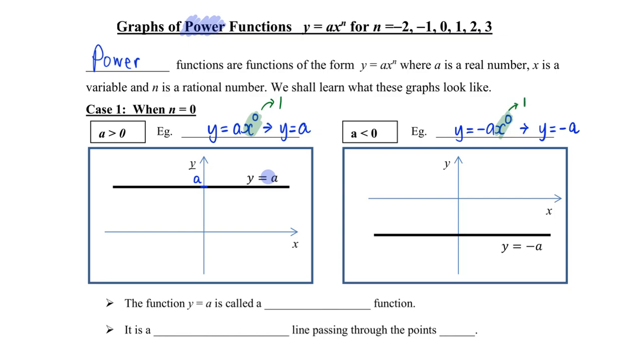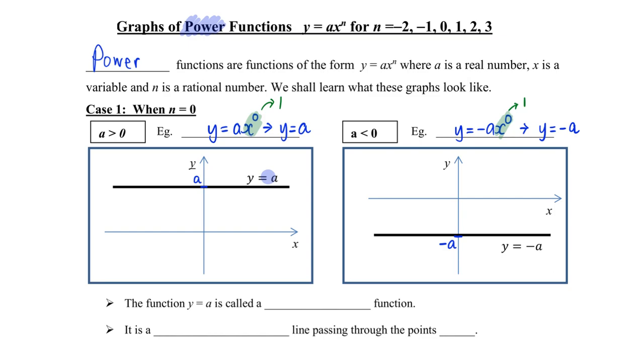So -a times 1 is -a. In this particular case, it is cutting the y-axis at -a, and it is again a horizontal line.